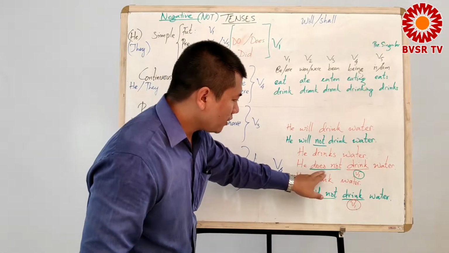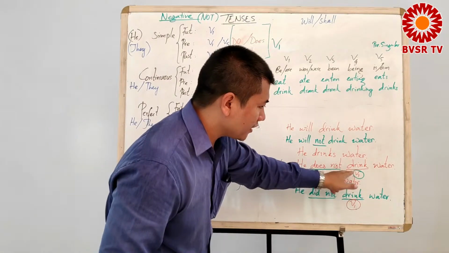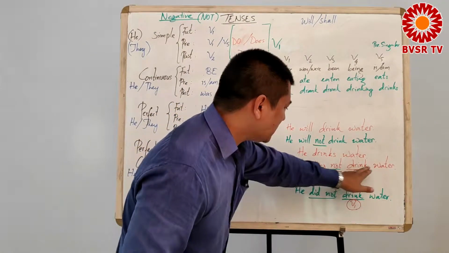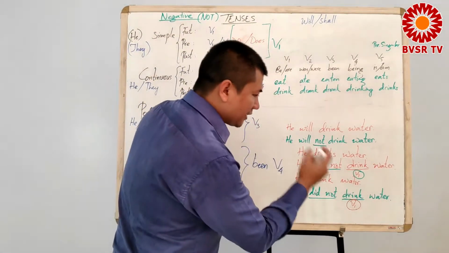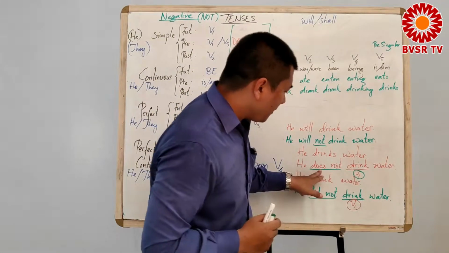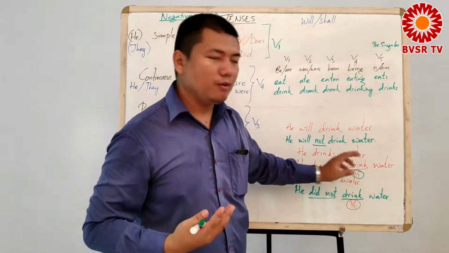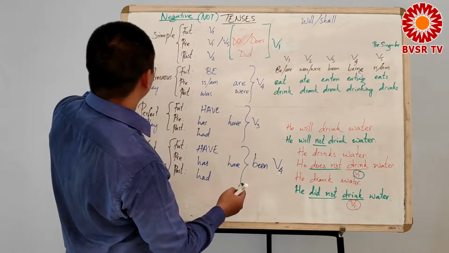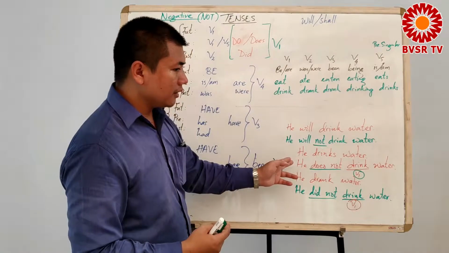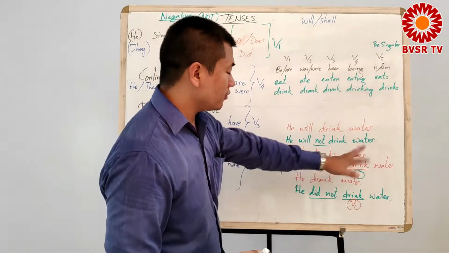Therefore, we do not need another verb explaining that it is singular. For example, he does not drinks water. If we say it like that, there will be two singulars, which is not required. Therefore, since the helping verb has already explained that it is singular, the main verb will remain V1. If it is plural, they drink water, and in the negative it will be they do not drink water. That will be the plural.